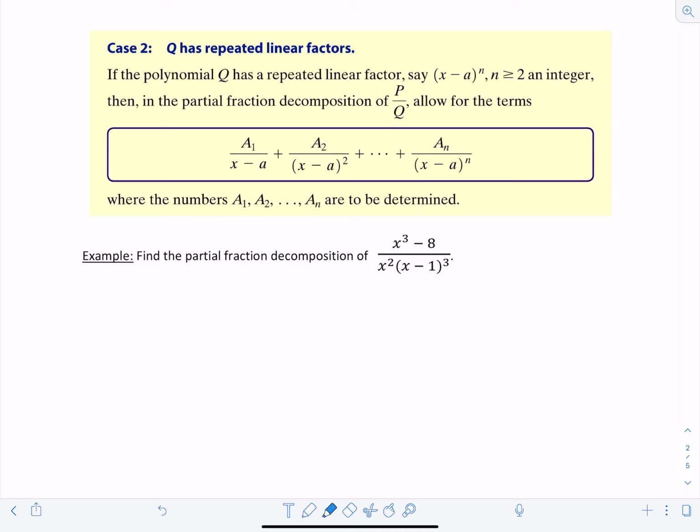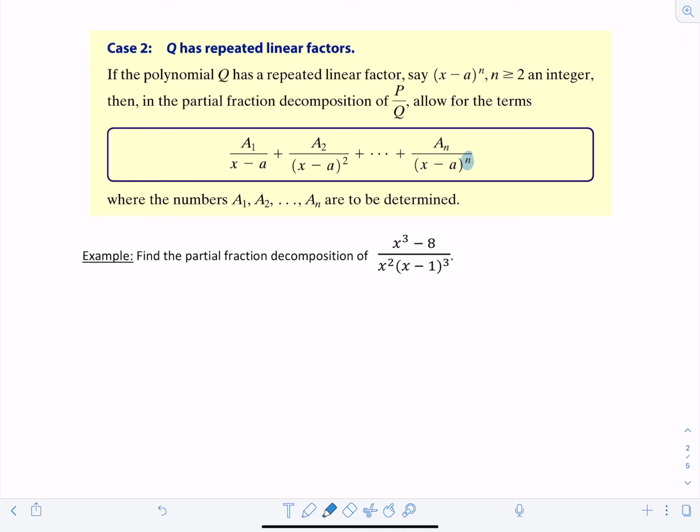You start off by listing x minus a to the first power, then to the second power in the denominator, and you work your way all the way up to whatever that highest power is that you see in the denominator. And then in the numerator, you're going to have all of the constants that you're going to find.